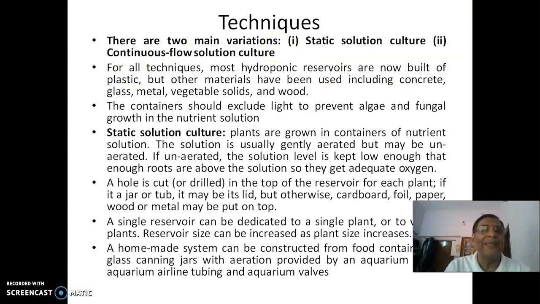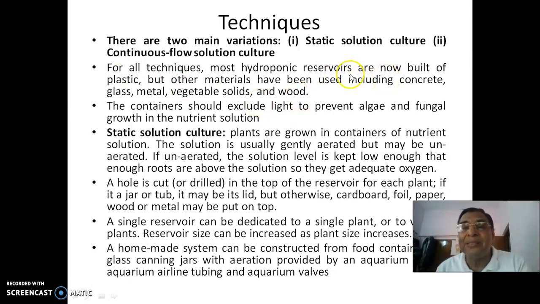For all techniques, most hydroponic reservoirs are now built of plastic, but other materials have been used, including concrete, glass, metal, vegetable solids, and wood.